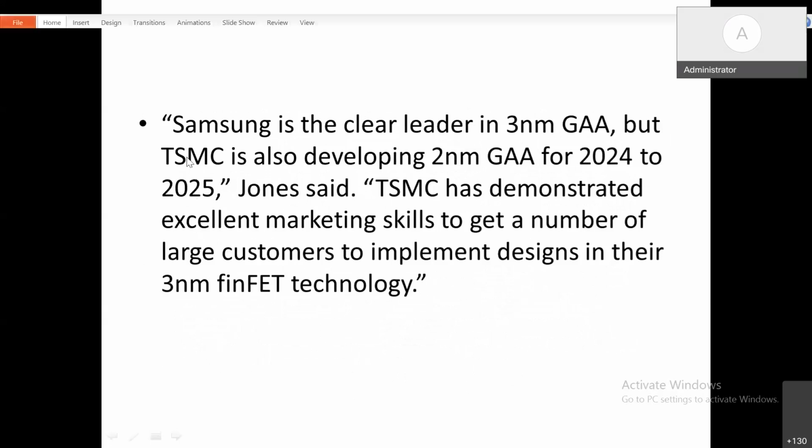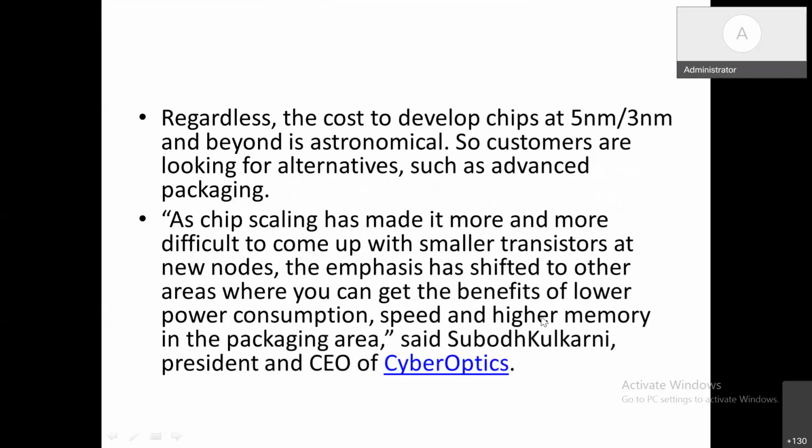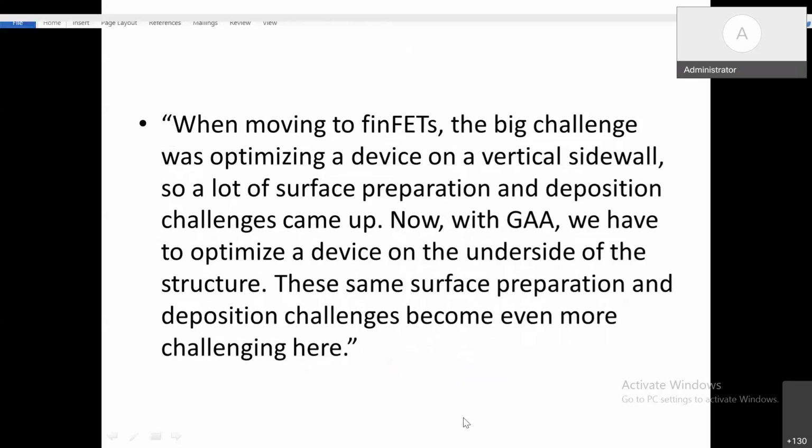And they are telling Samsung is a clear leader in 3 nanometer. Cost is high. But you get the benefits of low power consumption, higher speed and higher memory in the packaging area.